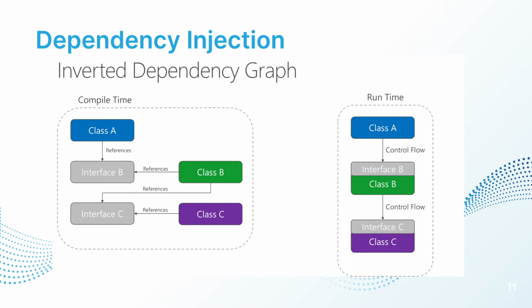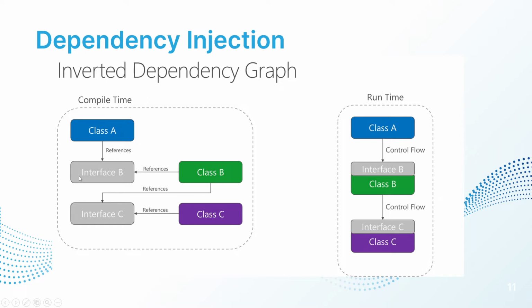Talking a little bit more about the dependency injections themselves. Okay, so basically, at compile time, we have a class that has some reference to interfaces, as we said before. So when we are compiling, we are developing, so we are thinking about interfaces.